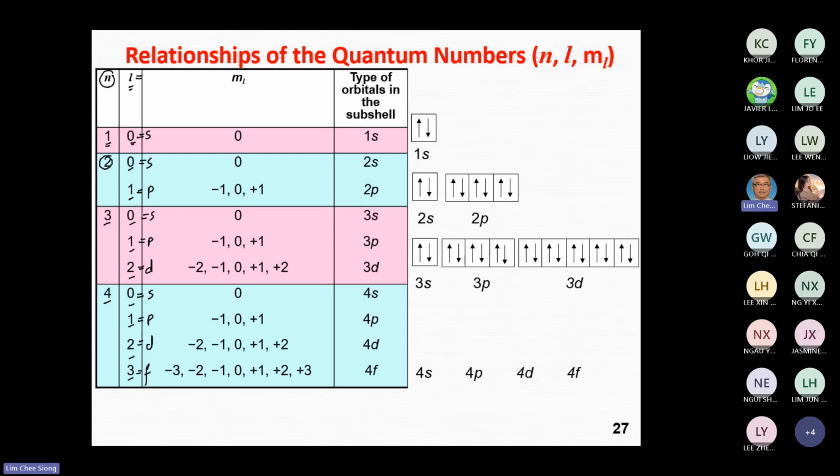Okay, so using the 0 of the S, we have the ML value equal directly to 0. You can observe that all of them only give us 0 as the value for ML.